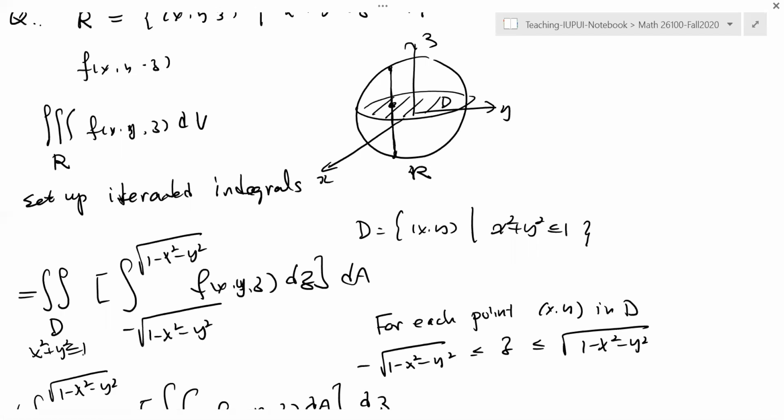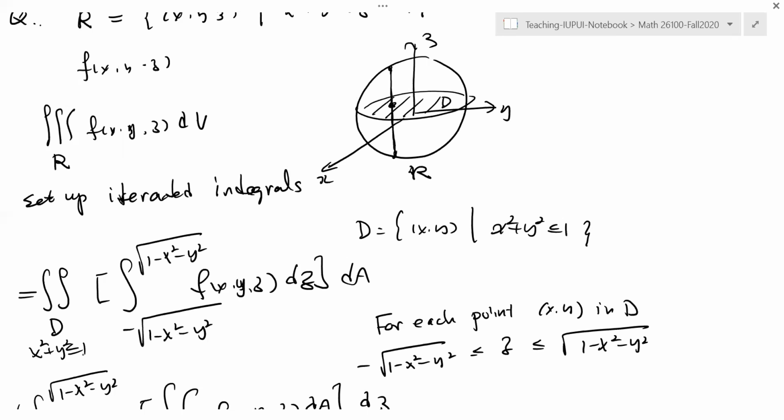When you're evaluating this, first you evaluate the inside integral with respect to z, then you get a function of x and y, then you get a double integral over the disk. Then the step depends on which method you use. Typically, it's using polar coordinates because it's a disk. And then you break it down into polar coordinates. The point is you try to use some lines to cut.